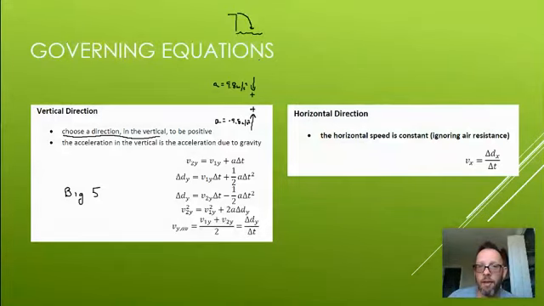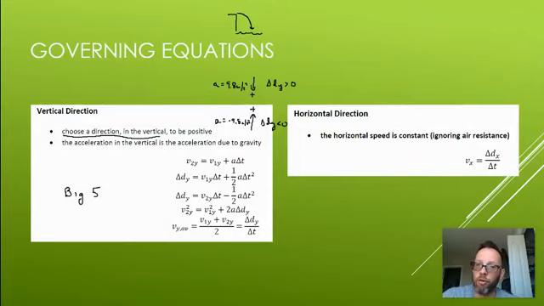If I choose down to be positive, my displacement is in the downwards direction, and my delta y would be positive. But if I chose up to be positive, then my displacement would be in the negative direction. So pick a direction that makes sense for you, that you feel comfortable with, and go with it. Mathematically, we all get the same answers. Our signs are just reversed. It's not too big a deal.